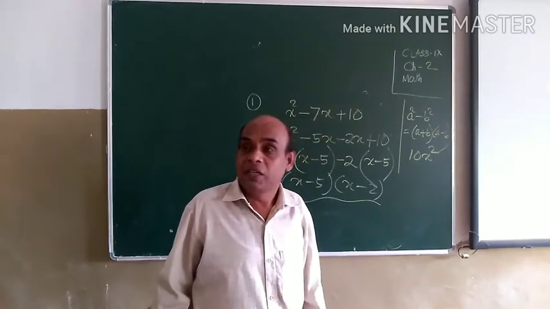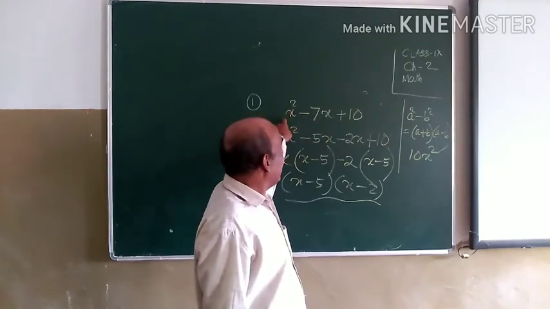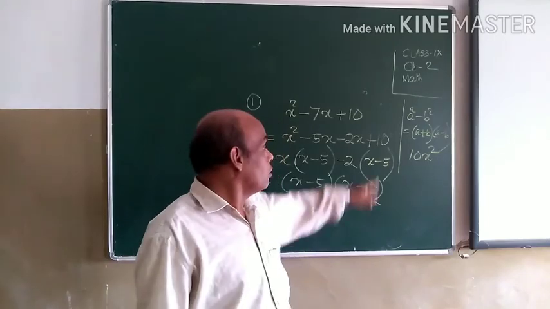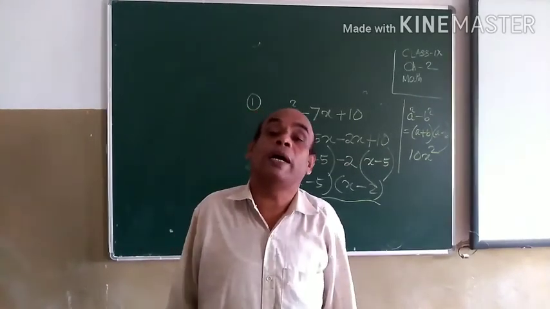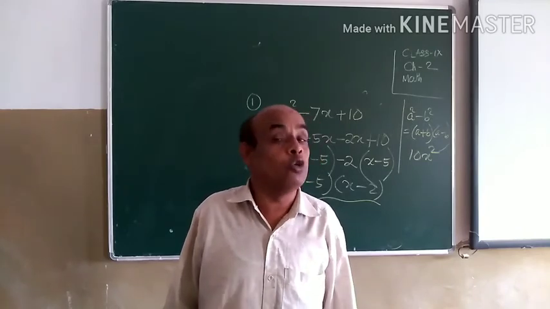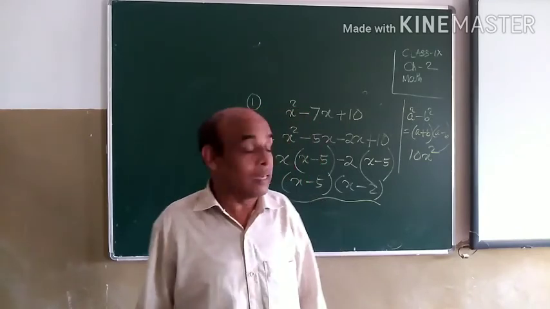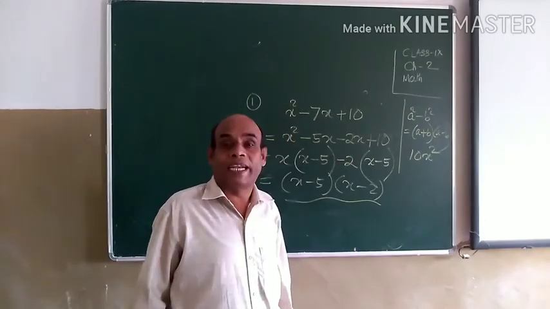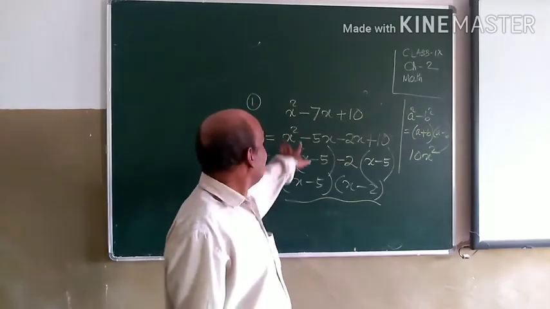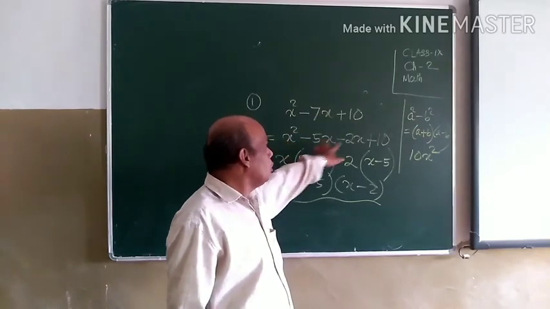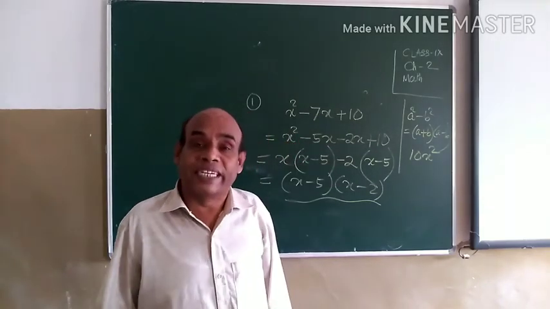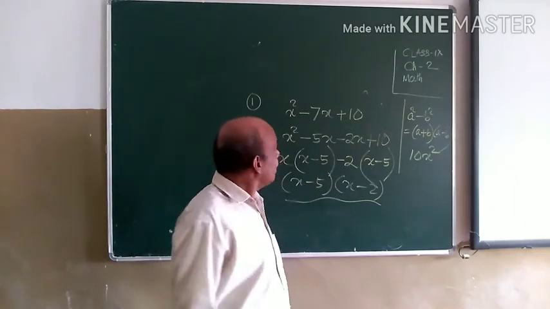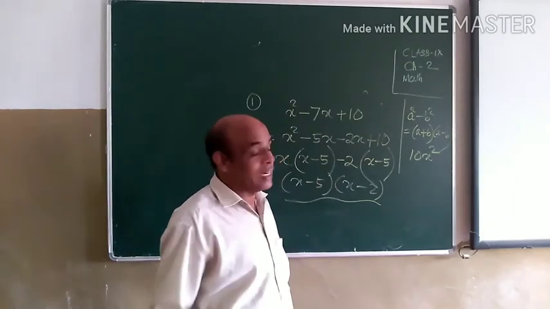And second, the x square term will be multiplied with the constant term. Already you got 10x square. So you have to select two terms whose product will be 10x square. So already we wrote minus 5x and minus 2x. Then taking common from the first two and taking common from the second two, we got this answer.